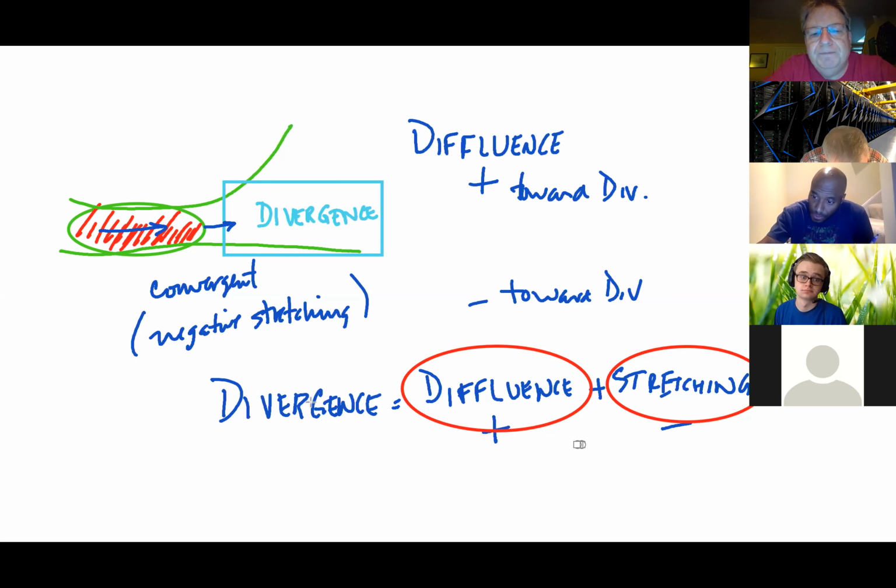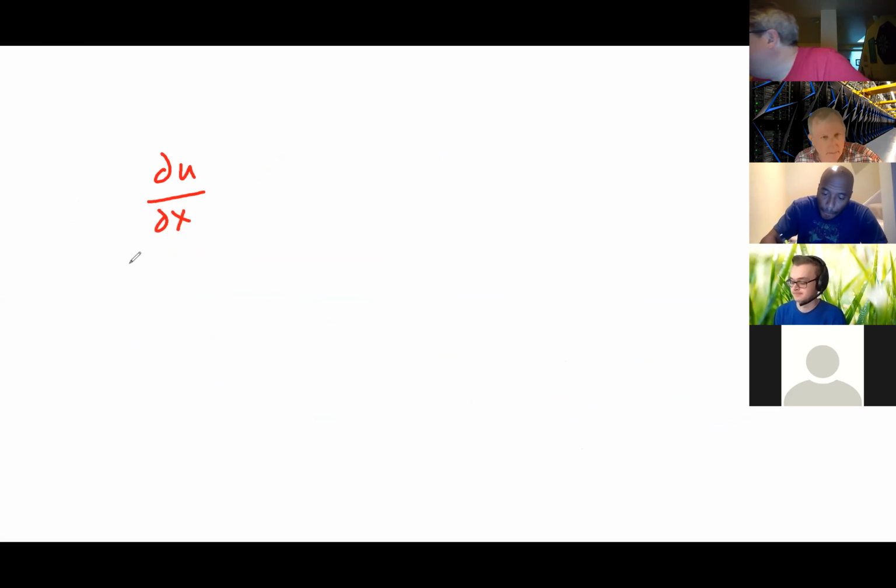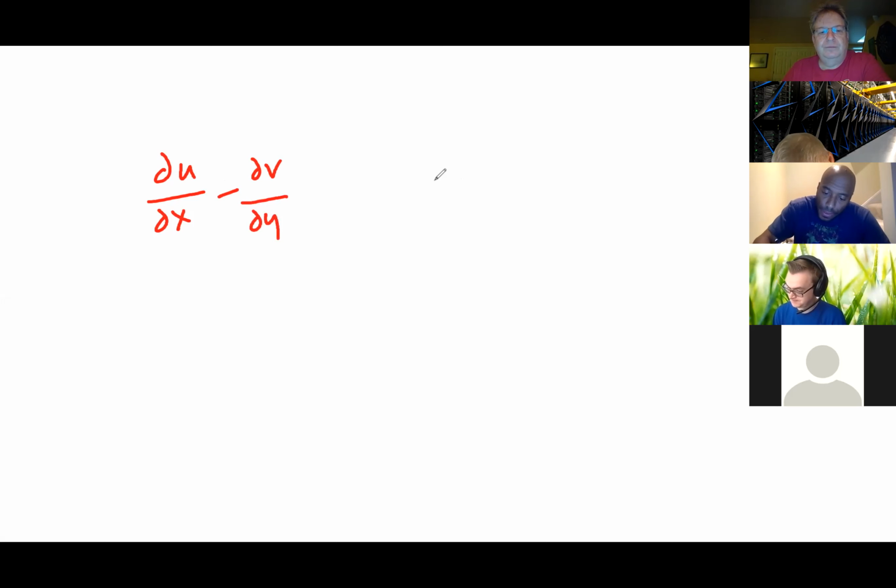Okay, are we all good on this stuff? Yes. All right, so let's look at this last term, du/dx. So now we have to look at this: du/dx minus dv/dy. Draw that picture, similar to what we went through last Thursday.